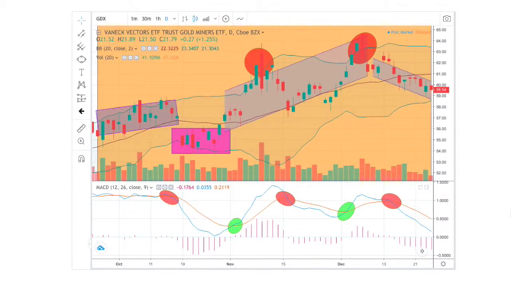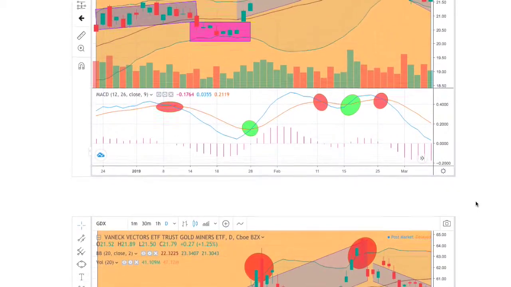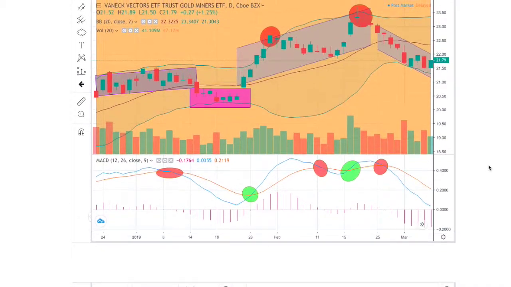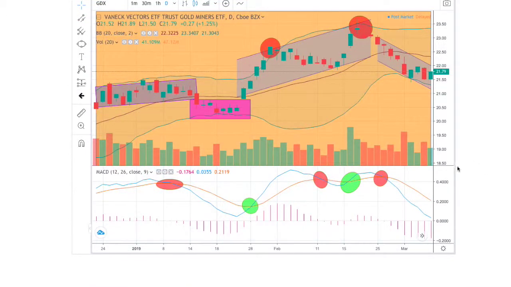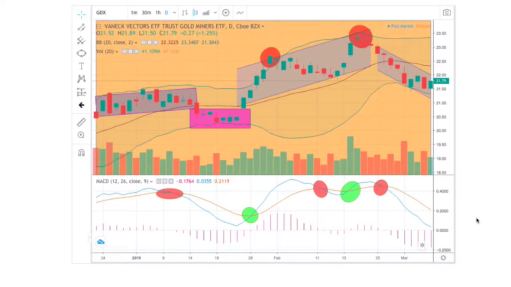And you notice that the MACD on both charts remain positive at all times. So we have 1, 2, 3, 4, 5, 6, 7, 8, 9, 10, 11 points that are identical.